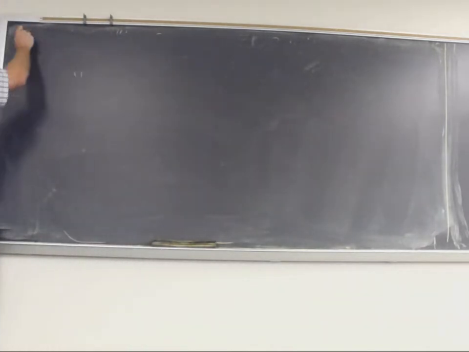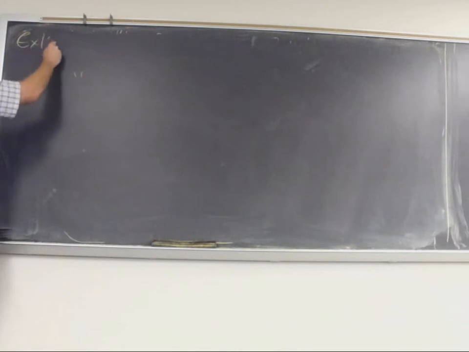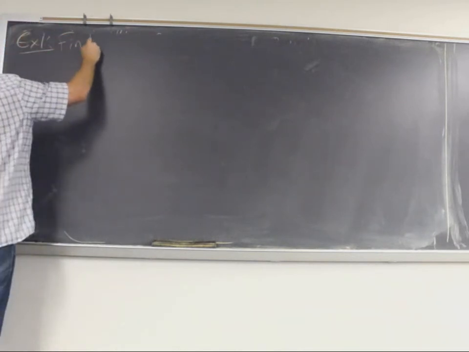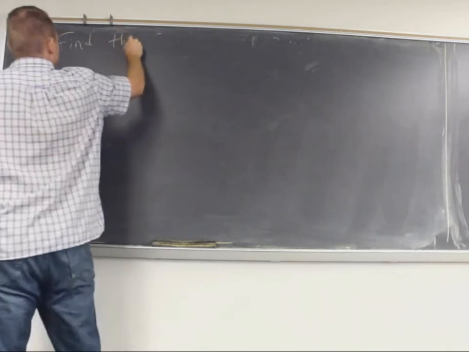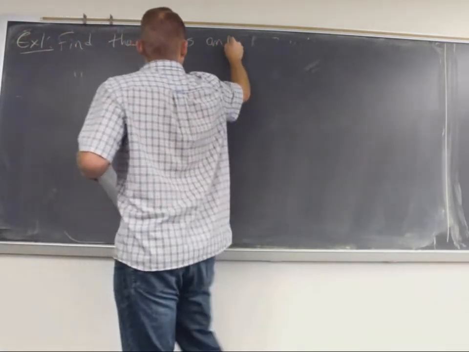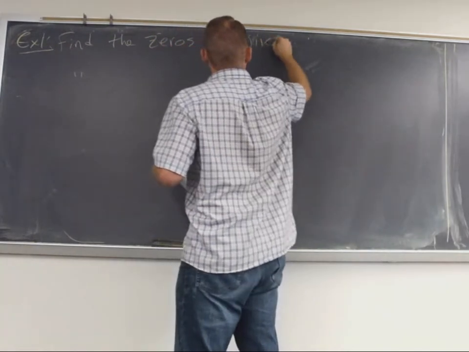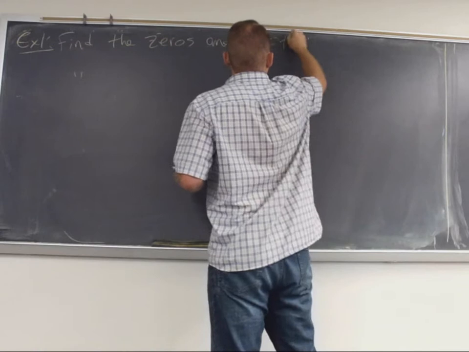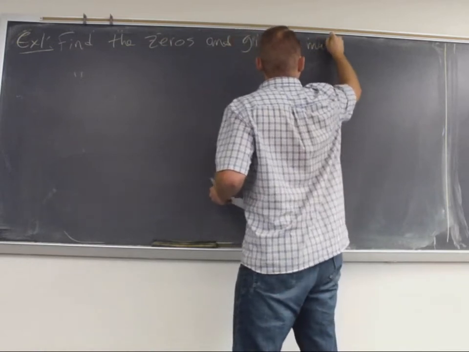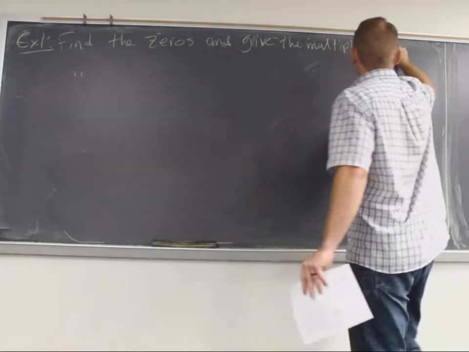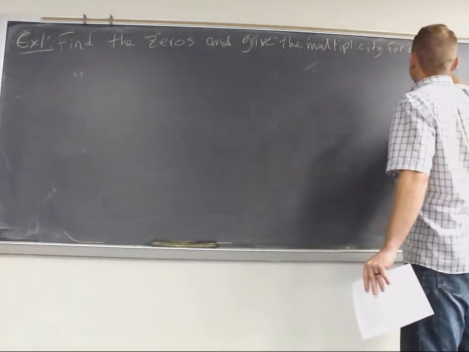Example 1. Find the zeros and give the multiplicity for each.